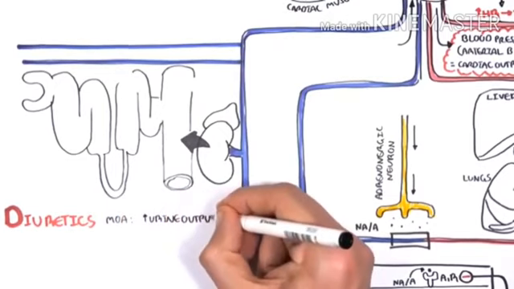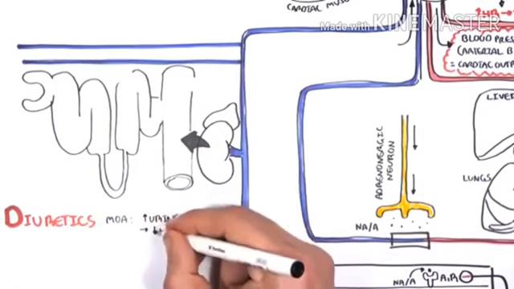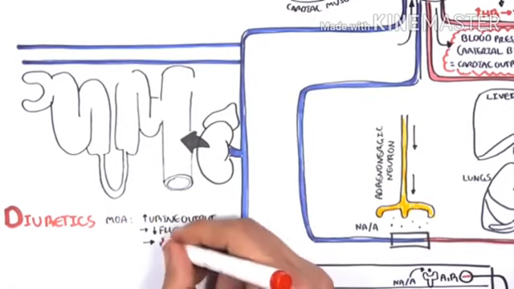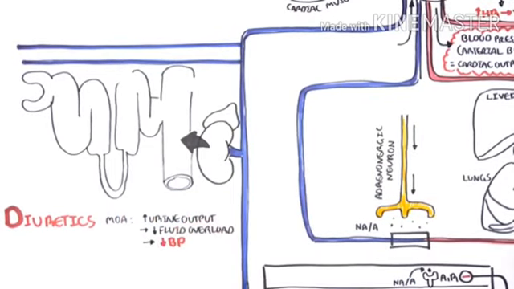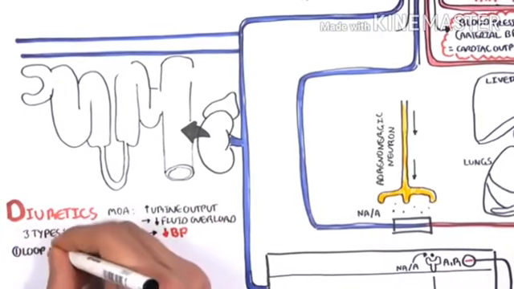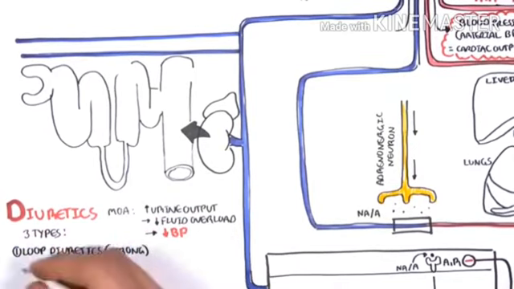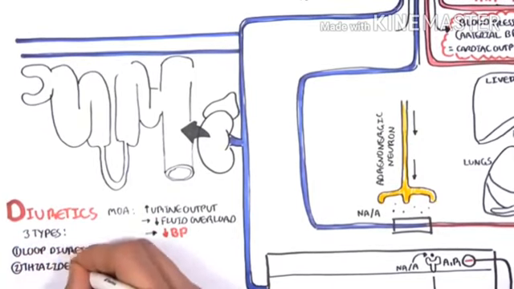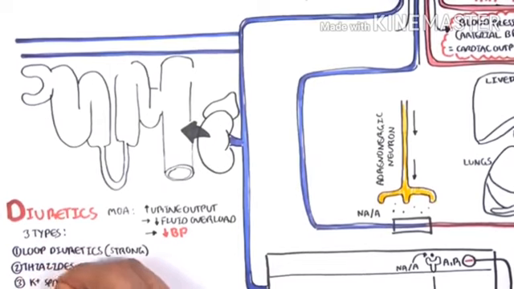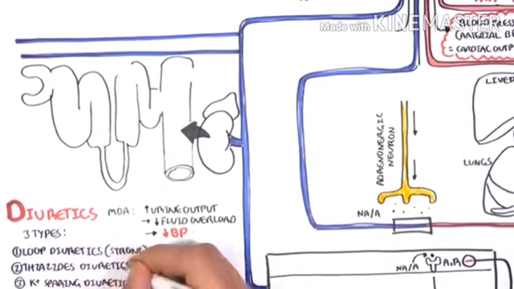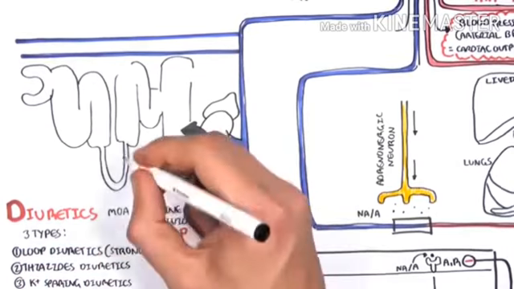So the mode of action of the diuretics: they increase the urine output, that decreases the fluid overload, and thereby decreases the blood pressure. There are three types of diuretics. One of them is the loop diuretic, the strong diuretic. Furosemide is the example. The second class is the thiazide diuretics. The example is hydrochlorothiazide. And the third is the potassium sparing diuretics. The example is spironolactone.